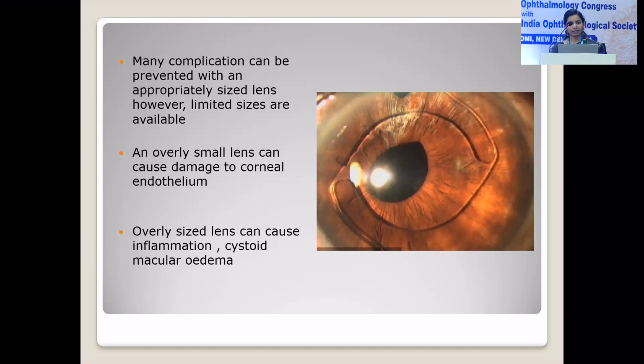An oversized lens can cause damage to the angle, may form peripheral anterior synechiae, and can cause more inflammation, while a small lens, which is more mobile, can cause damage to the corneal endothelium. And these lenses are slightly closer to the cornea, so the risk of corneal decompensation is also very high. So in cases of corneal endothelial disease, where there is no iris support, or where there are angle abnormalities, these lenses are usually contraindicated.